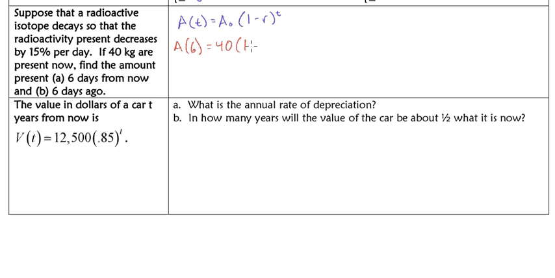And 1 minus 0.15, 15%, to the 6th power. That's the t that's getting plugged in, because it's 6 days from now. So per day, we are losing 15%.